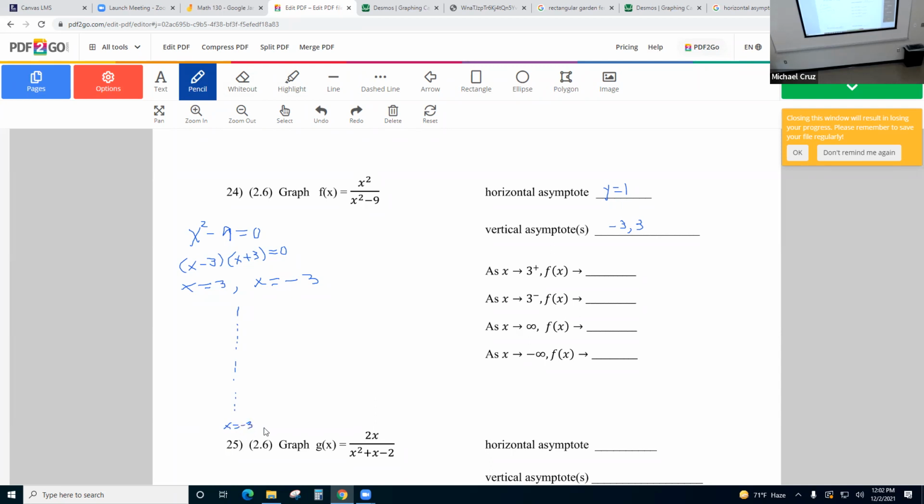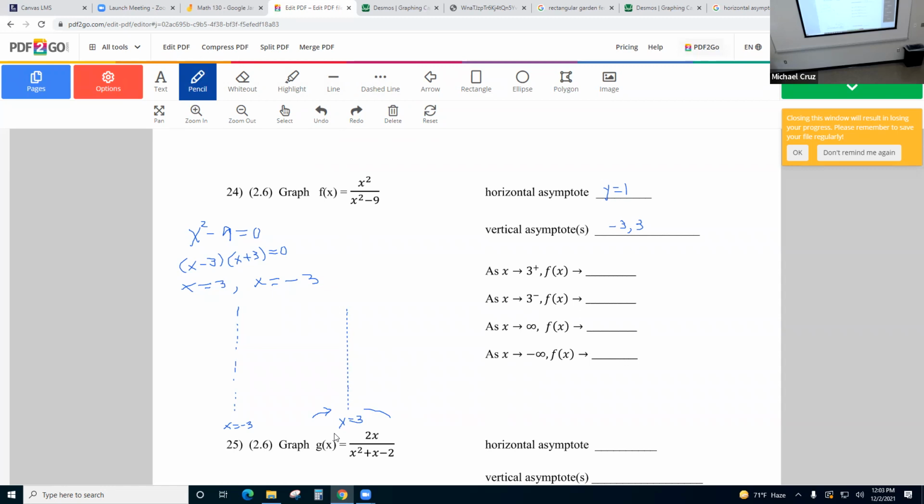Well, they don't ask about that. All right, so what they're asking about is coming from this direction, the positive side, and this is talking about coming from the negative direction.